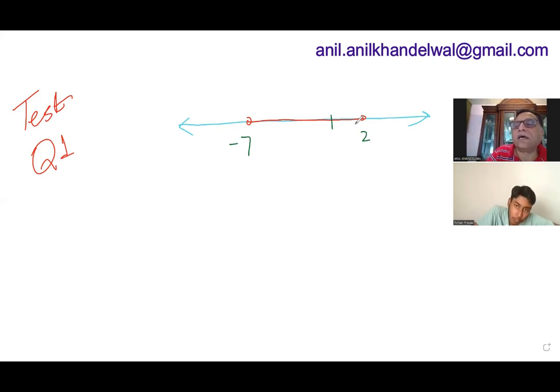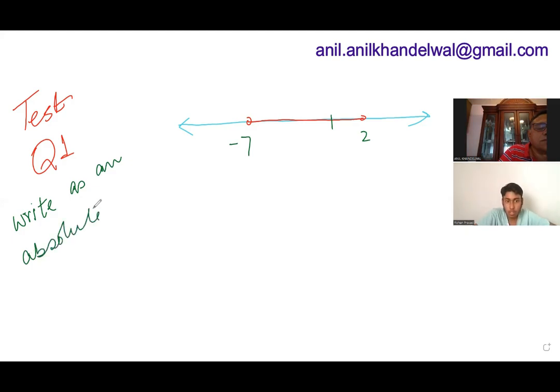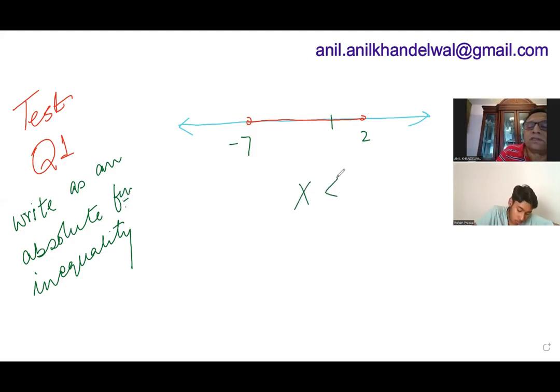Can you write this as an absolute value function? Would it be absolute value of x is greater than 2? Absolute value inequality, greater than 2 doesn't work. We are looking for x which is less than 2 but greater than -7.